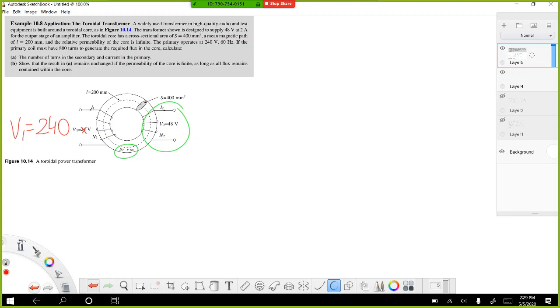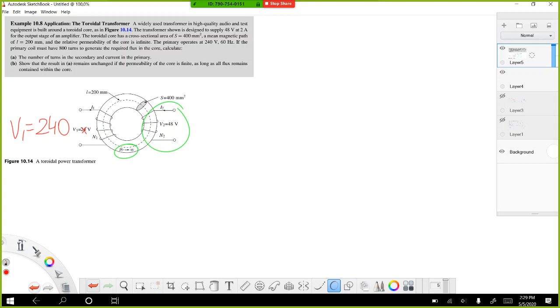If the primary coil must have 800 turns to generate the required flux in the core, calculate the number of turns in the secondary and current in the primary. Show that the result in A remains unchanged if the permeability of the core is finite, as long as all flux remains contained within the core.